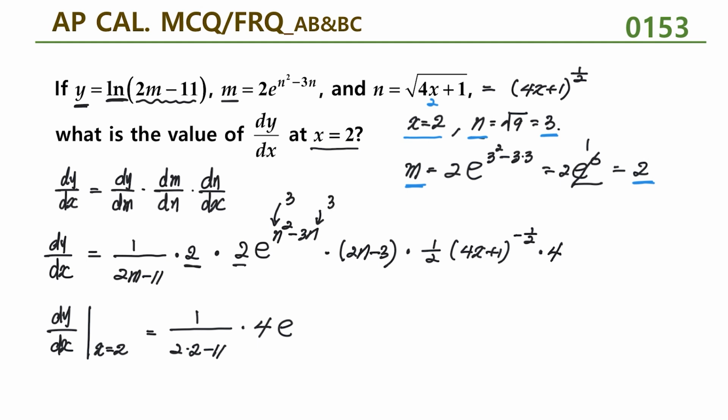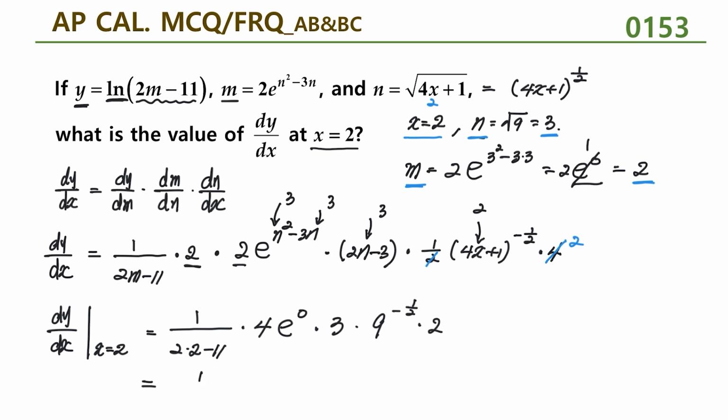So 9 minus 9, 0, times n is 3. So 6 minus 3, that's 3. So far so good. Here we have 1/2, 4. So I'm going to simplify this. I'm going to substitute 2 for x, right? So 8 plus 1, that's 9. 9 to the power of negative 1 over 2, times 2, right?